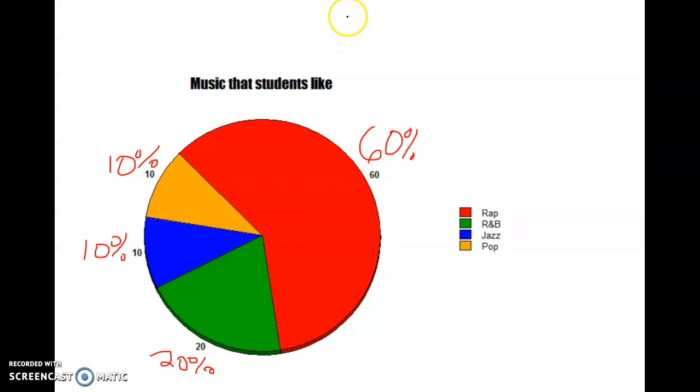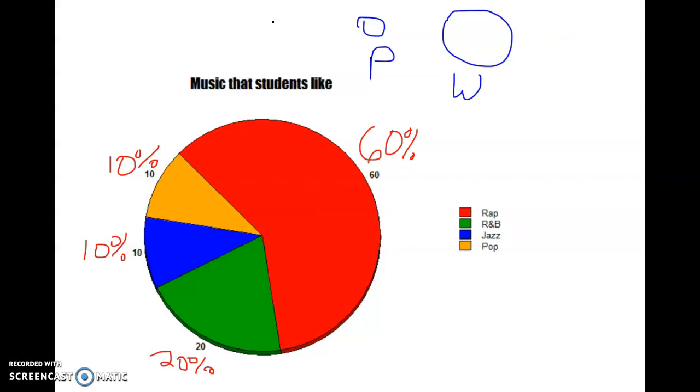So remember, I gave you the strategy of a small circle for a part and a larger circle for a whole, just to give you a visual representation.